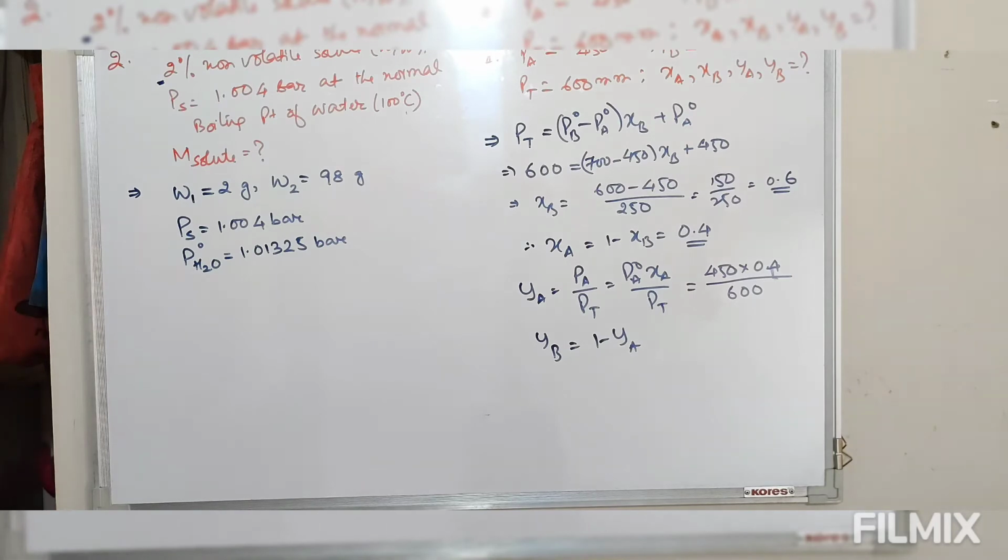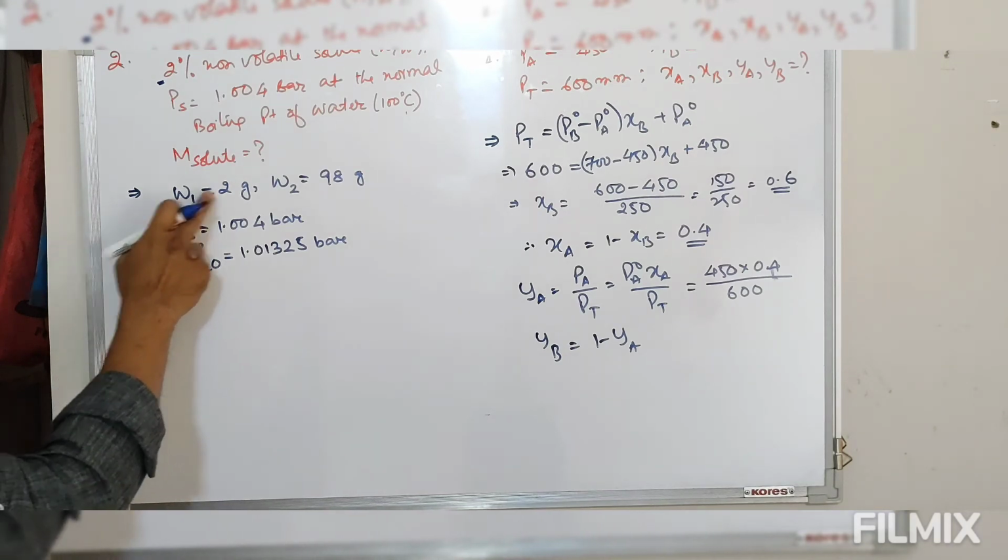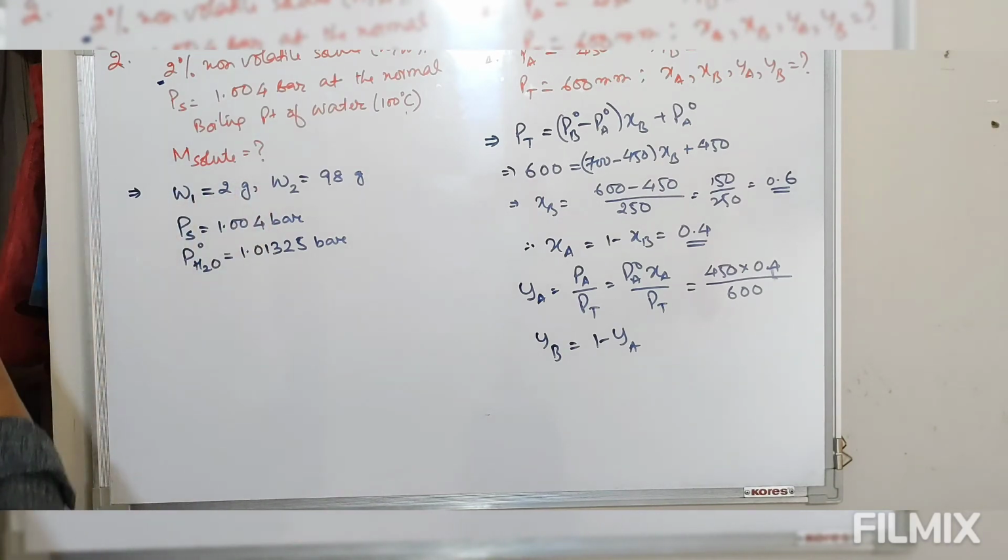That is the normal vapor pressure of water at 100 degrees centigrade, 1.01325 bar. So we have P naught, we have PS, mass is given, we have to find the molecular mass of the solid. Now we have relative lowering of vapor pressure.